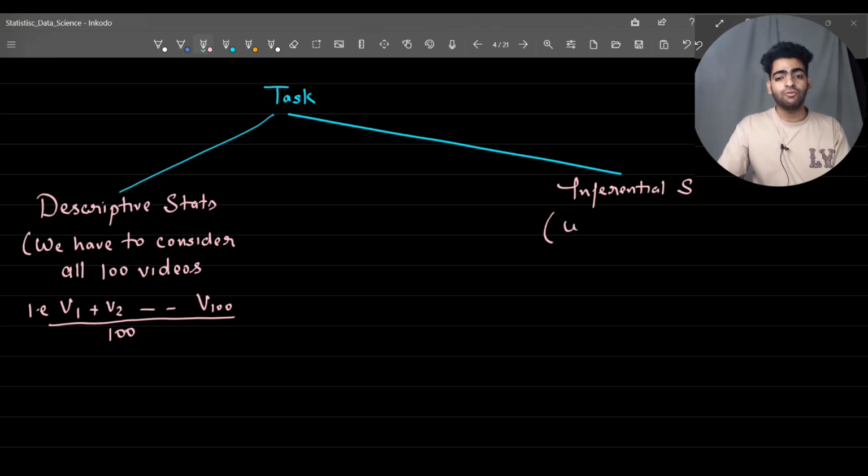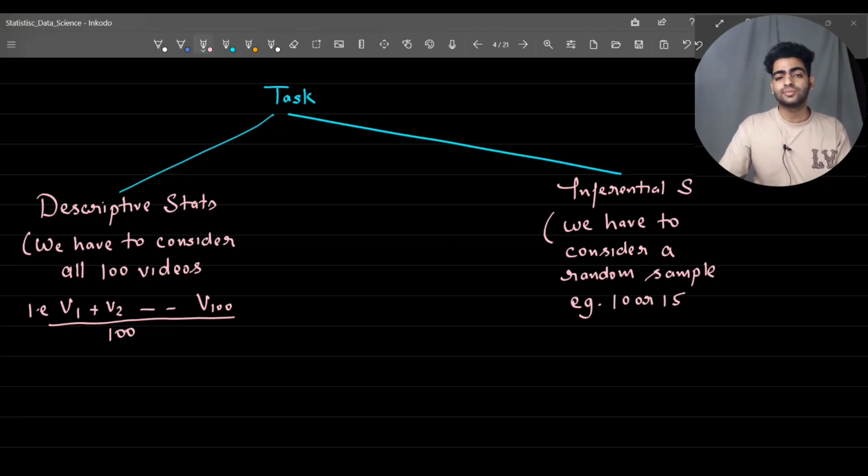When we use inferential statistics, we consider some sample of the data. Say we have 100 videos in total. While extracting a sample, we have to extract randomly. We can think of a sample size of 10 or 15.